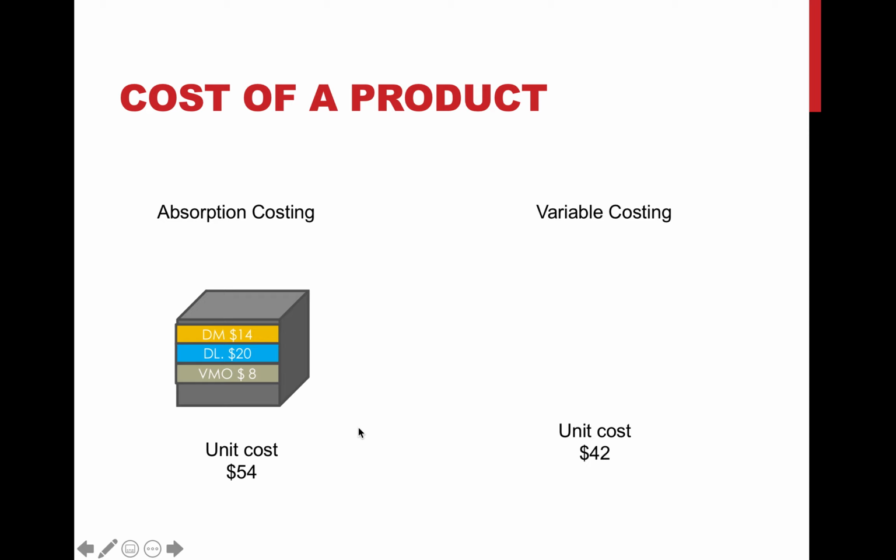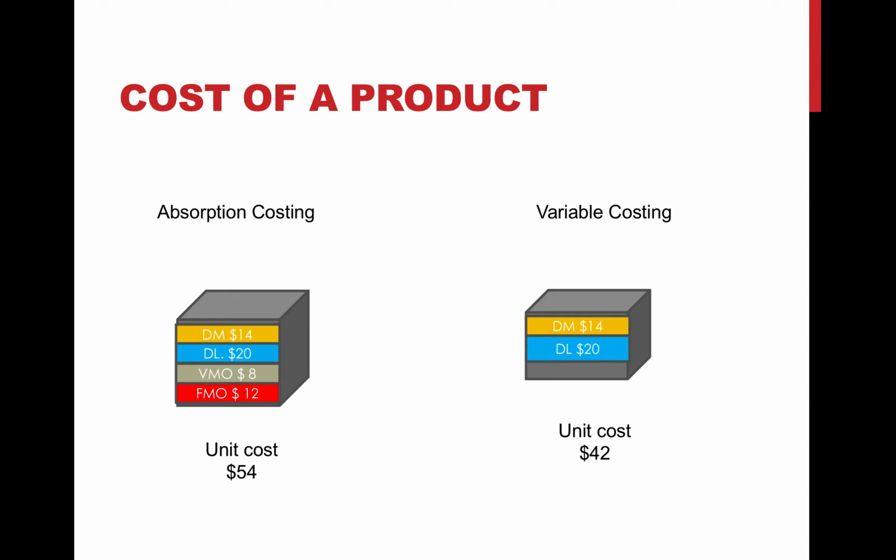And in variable costing, we have a smaller box, let's say, with the cost that travels from the inventory to the cost of goods sold only using direct material, direct labor, and variable manufacturing overhead, reaching a lower unit cost. Okay, guys, so this is pretty much what we have learned today about costing methods.